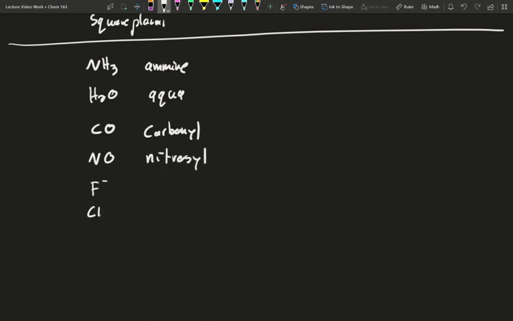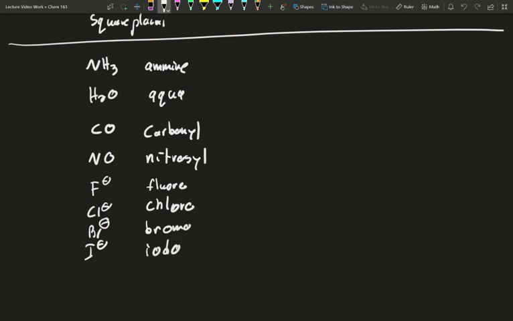F-, Cl-, Br-, and I-. We can have neutral and anionic ligands. For anions, our fluorides, our chlorides, our bromides become fluoro or chloro. Basically, the ending becomes O instead of ide.